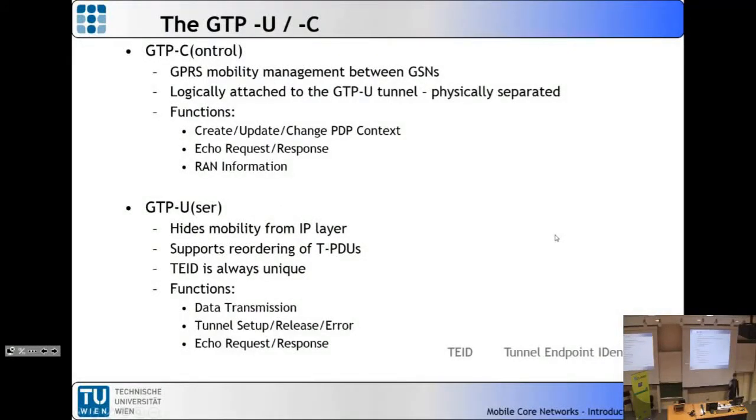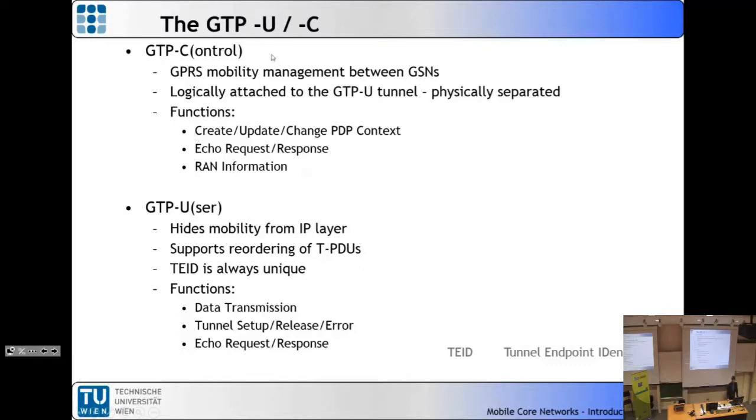Yeah, we have the two flavors. We have on one hand the control tunnel that basically always needs to exist because it takes the functions of creating or updating the PDP context, updating in terms of more data rate, less data rate, or respond. And it also contains request and response for an echo message, so basically pinging, and radio access networks.